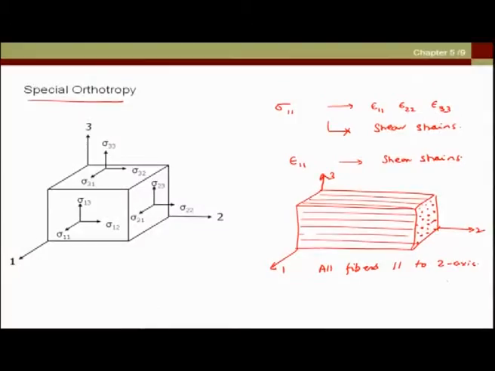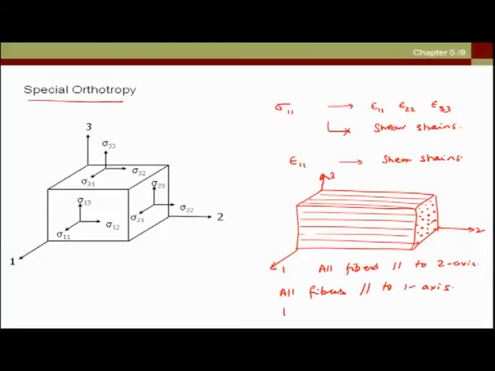So, if the fibers are aligned, the material axis being aligned to the 2 axis, then I will not see any coupling between extensional stresses and shear strains, or shear stresses and extensional strains, related to the 2 direction. Another scenario could be that all fibers are parallel to the 1 axis, then also the coupling between shear and extension will not exist.